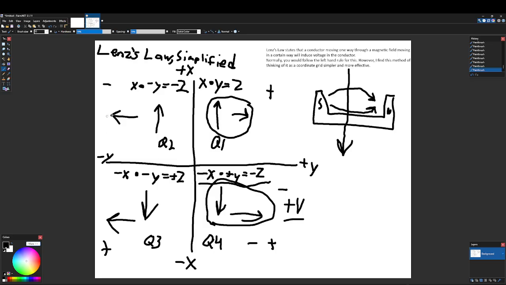The same thing goes for quadrant two, which is also a positive and a negative, which always gives you a negative. Just, the field is flipped and the conductor motion is flipped. Whereas Q3 is the same as Q1, which always comes out to positive, aka the opposite of your induced voltage. Well, all of these are opposite your induced voltage.